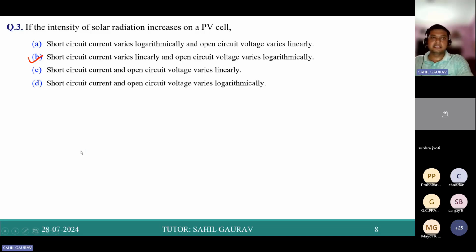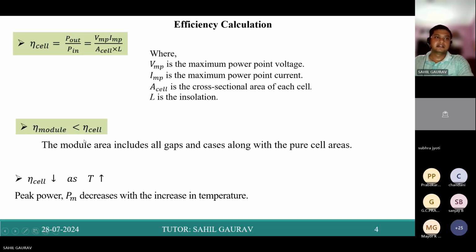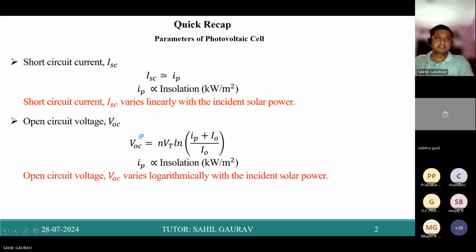We have seen the expression of this: the short circuit current is approximately the photo current, and the open circuit voltage includes a logarithmic term. That's why it varies logarithmically with the solar insolation.